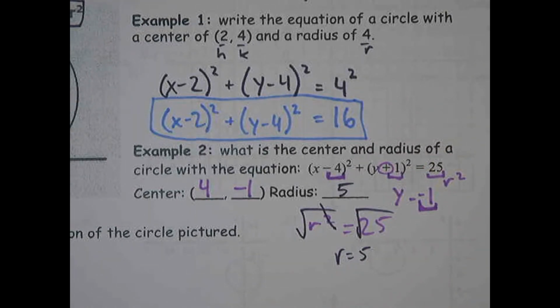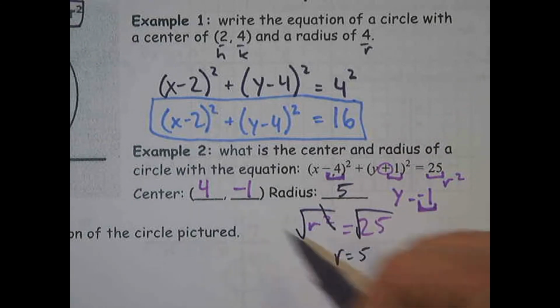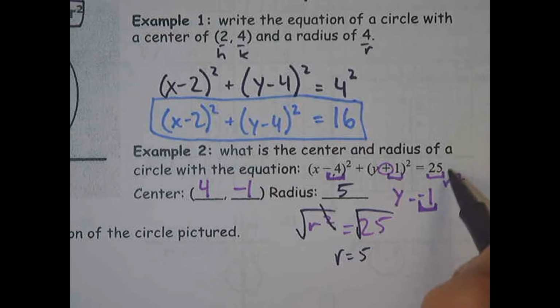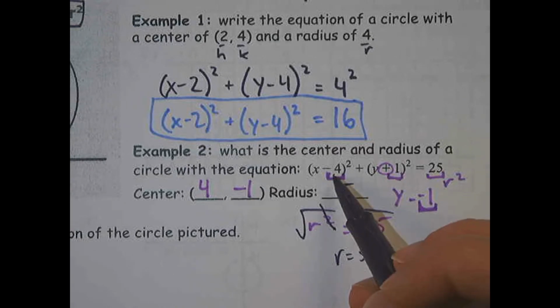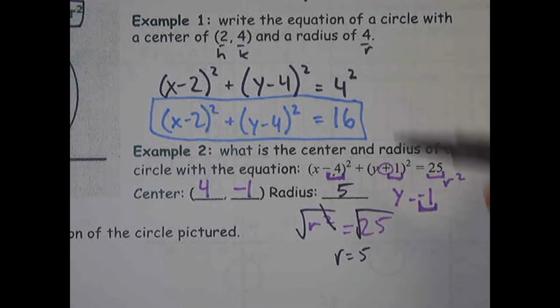So all you have to do is take the number here and the number here, and that becomes the coordinates of your center. You take the square root of the number here, and that becomes your radius. So if I want to know the center and the radius: x-coordinate, y-coordinate, square root for the radius. So that's another thing we can do. We can go back and forth between equations and information about the circle.